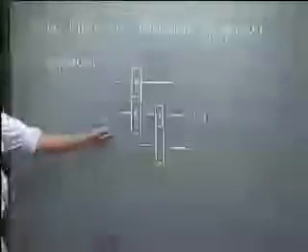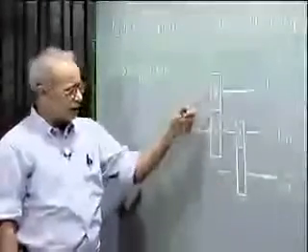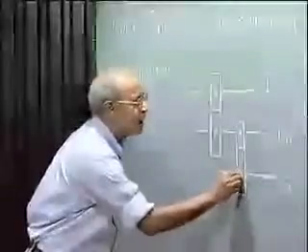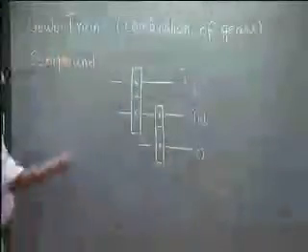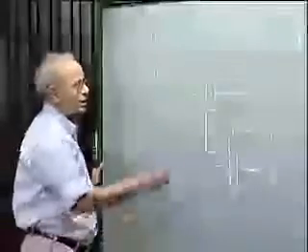As you see, on this intermediate shaft there are two gears. So this is a compound train from here to the output shaft. Now let me find out what is the speed ratio in such a compound train.